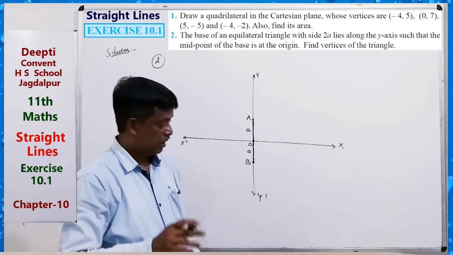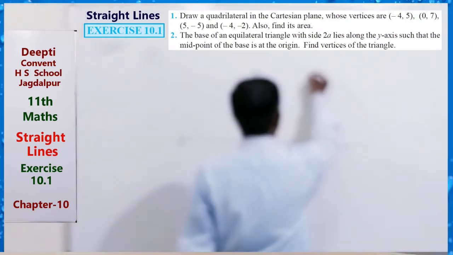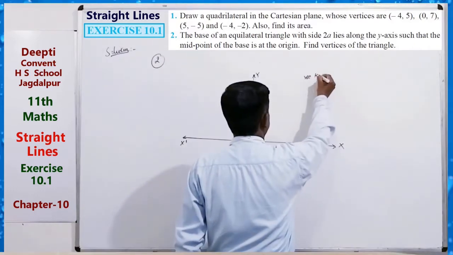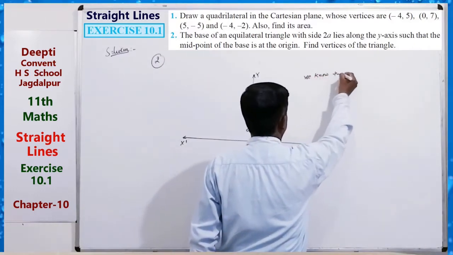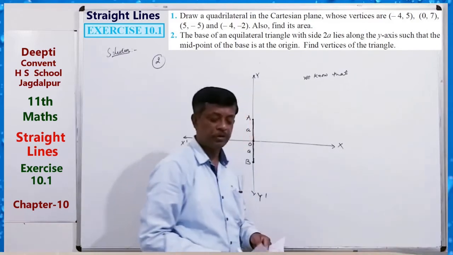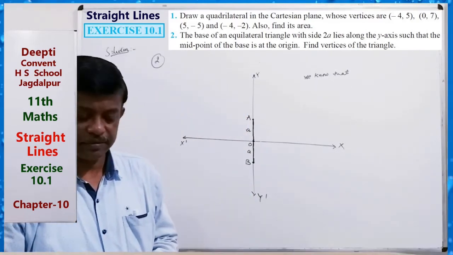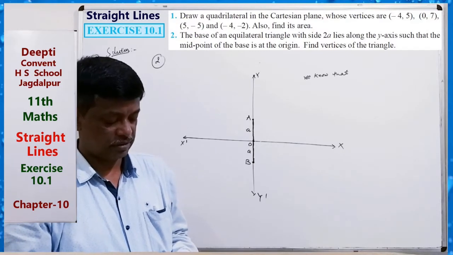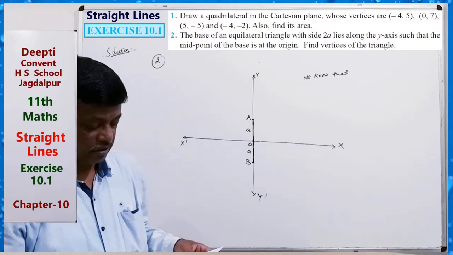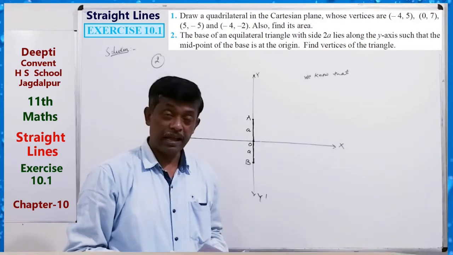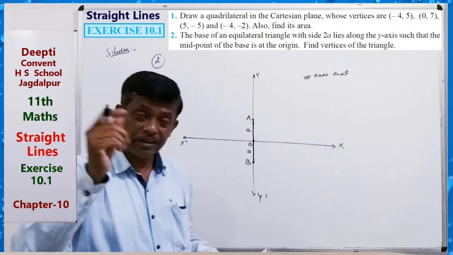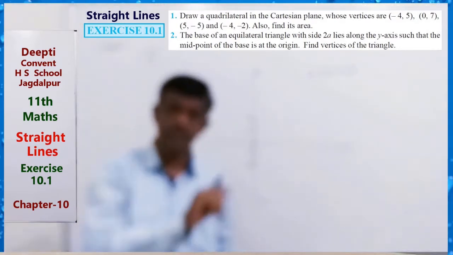Okay. We know that the line joining the vertex of an equilateral triangle to the midpoint of the opposite side.